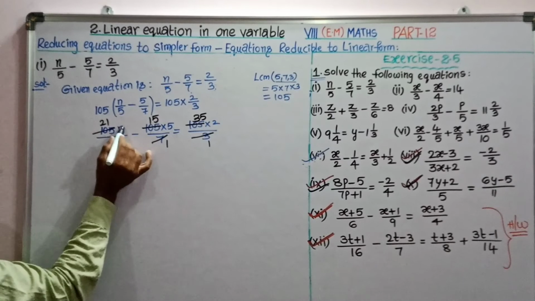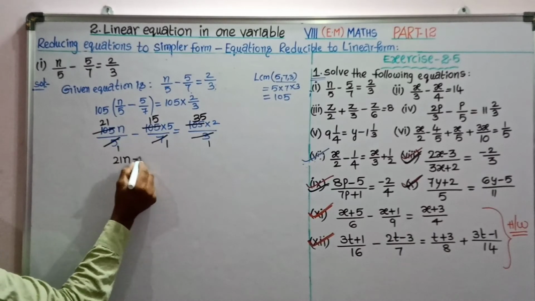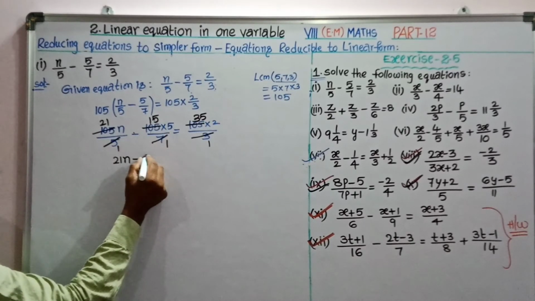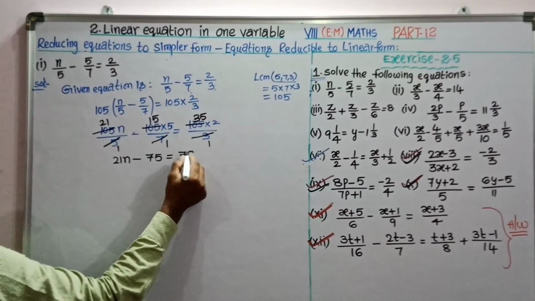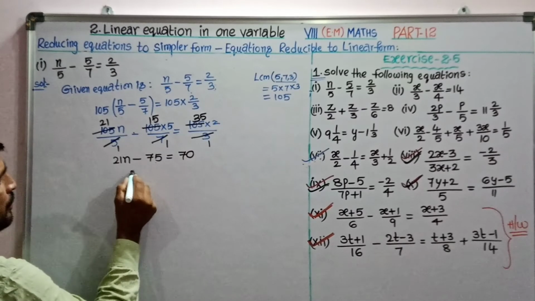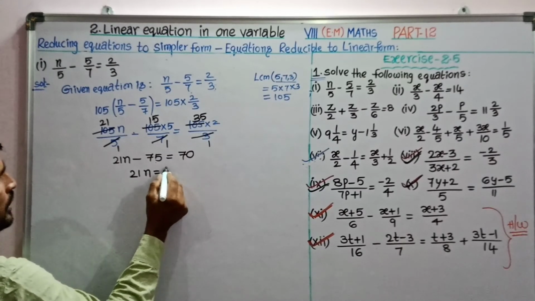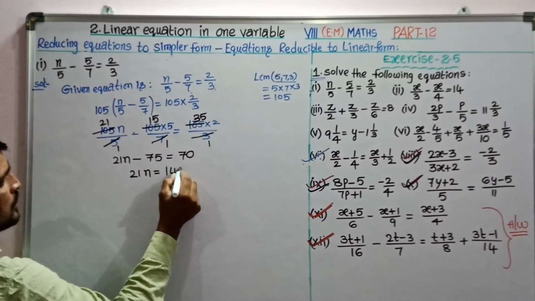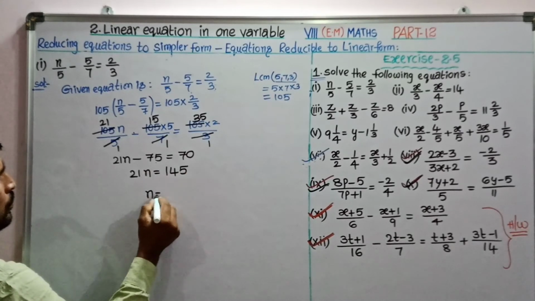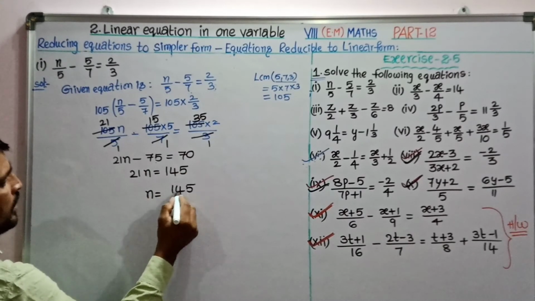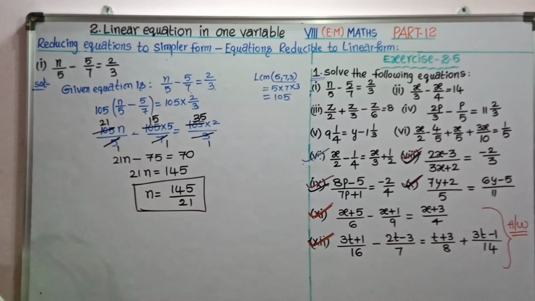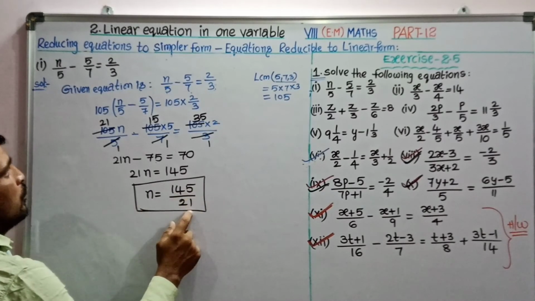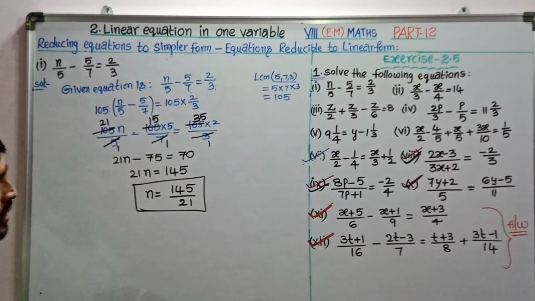So what we left? 21n minus 5 15s are 75, which is equal 35 2s are 70. Transpose minus 75 to RHS, we get 70 plus 75, that is 145. N equal what? 145 by 21. Therefore, n equal 145 by 21 is the solution of the given equation.